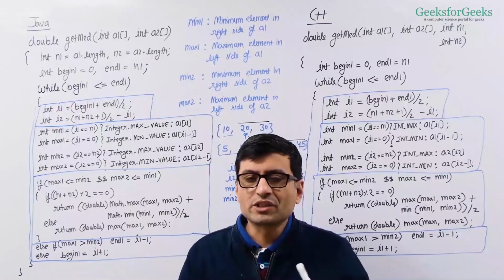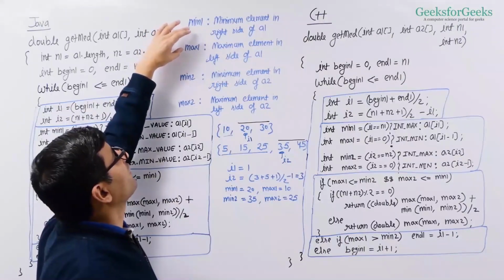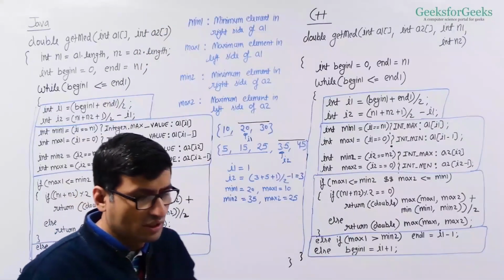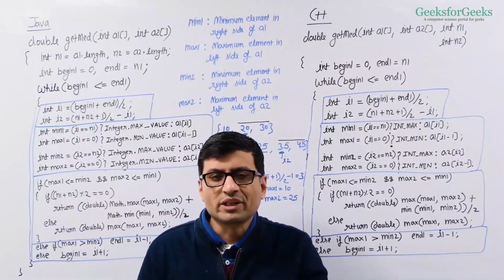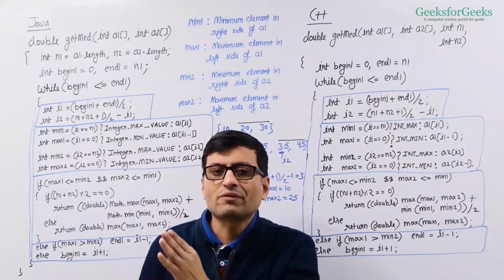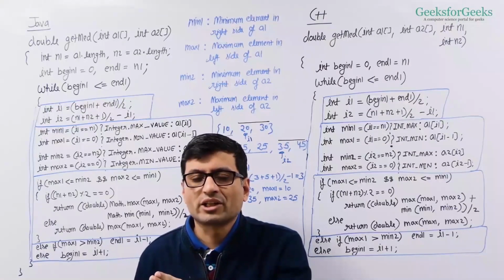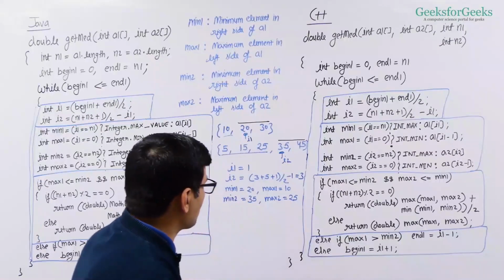So we maintain these four variables, which are boundary elements for the left and right subarrays. The min1 element is the beginning of the right side of A1, and min2 is the beginning of the right side of A2. So this is what the structure is.